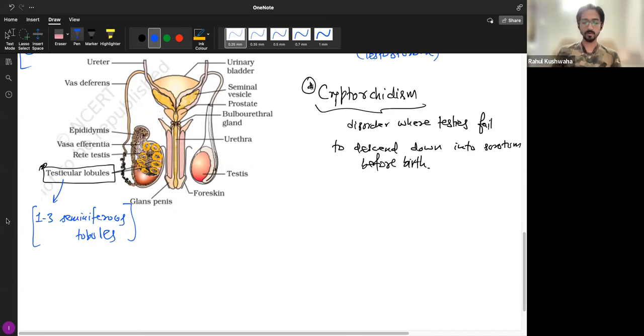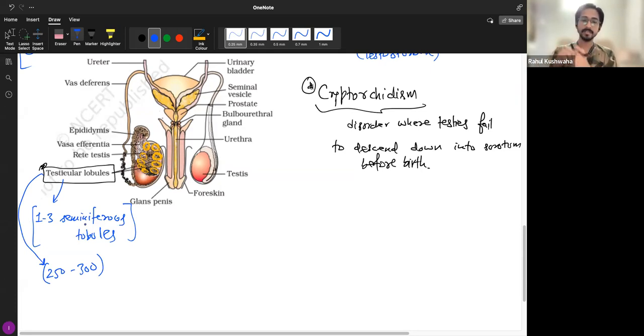And how many testicular lobules are there in each testis, any idea? Around 250 to 300. In one testis, there are around 250 to 300 testicular lobules, these chambers.